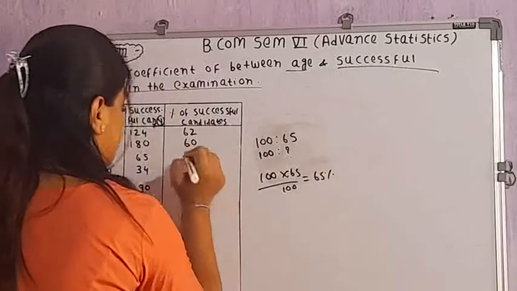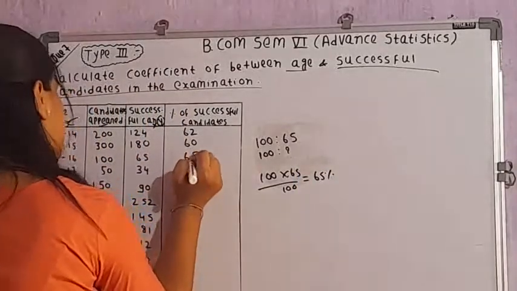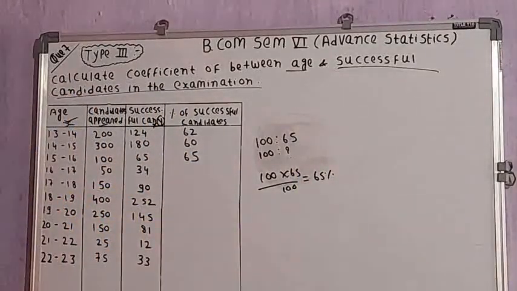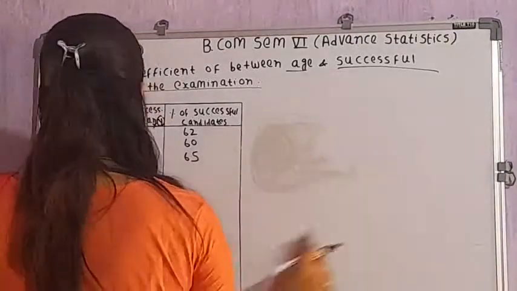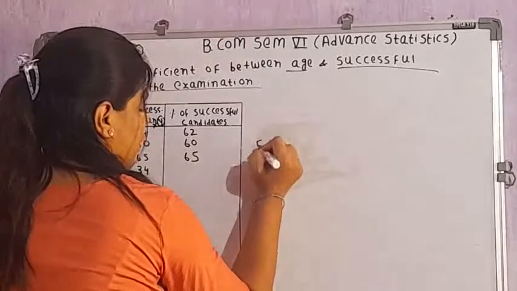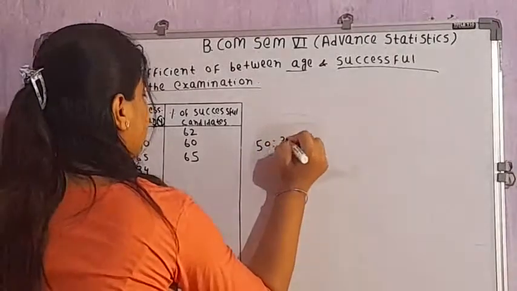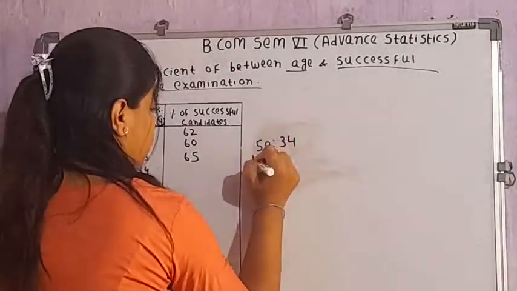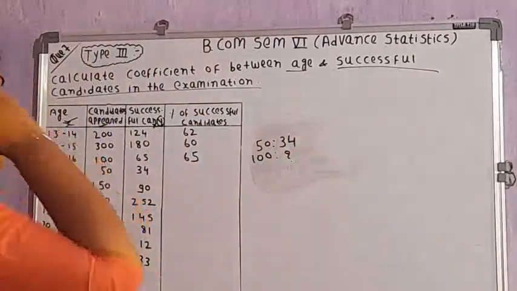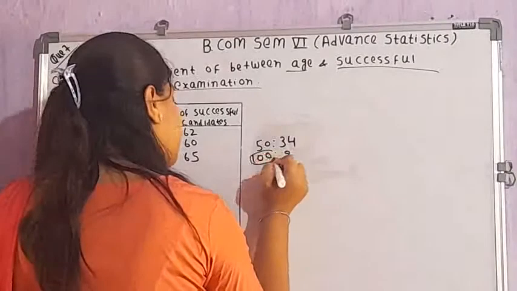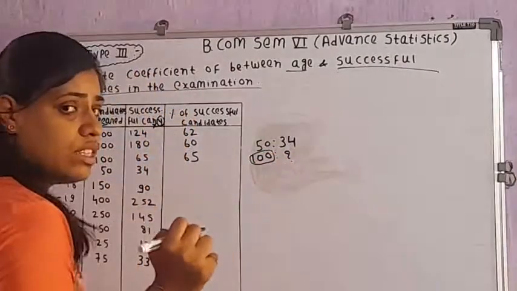Okay, 65 is the answer over here. Then for the next age group, 50 candidates have appeared. When 50 have appeared and 34 have passed, if 100 candidates had appeared, how many candidates would have passed? Why 100? Because we are taking out the percentage, and the basis of percentage is 100.